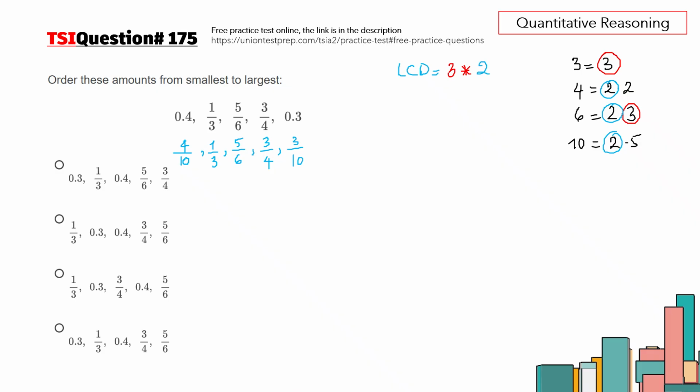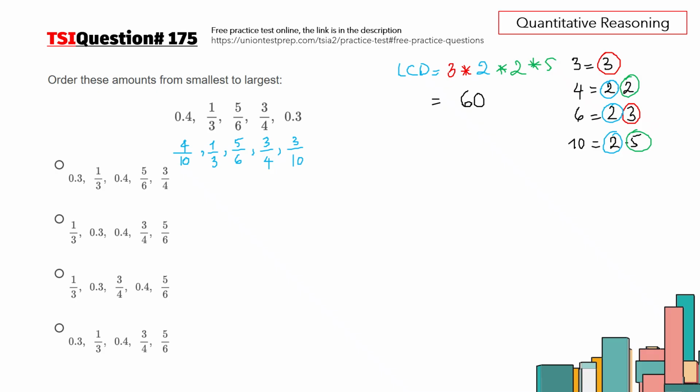So that is 2. Now I have another 2 right here, so I multiply by 2. There are no more 2s. Then I have 5 right here, so I multiply by 5. Now our least common denominator becomes 2 times 2 is 4, times 3 is 12, times 5 is 60.